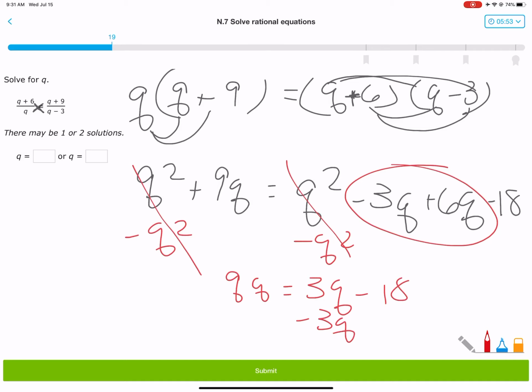Subtract 3q on both sides. And we are left with these canceling each other out. And we got 6q equals negative 18. So q is negative 3.